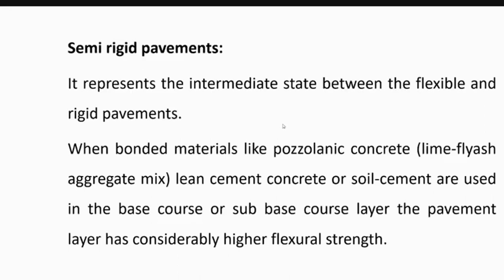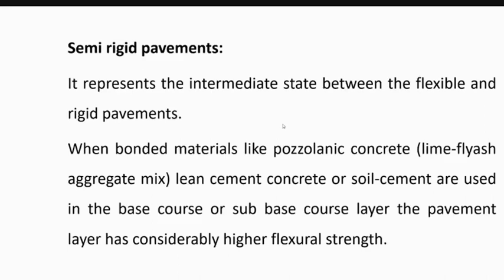And it is going to give considerably higher structural strength. So we are calling it semi-rigid pavement. For the lower layers like base and sub-base construction, we are using pozzolanic concrete. Pozzolanic material may be waste material like GGBS or fly ash from various industry waste like iron ore industry waste.